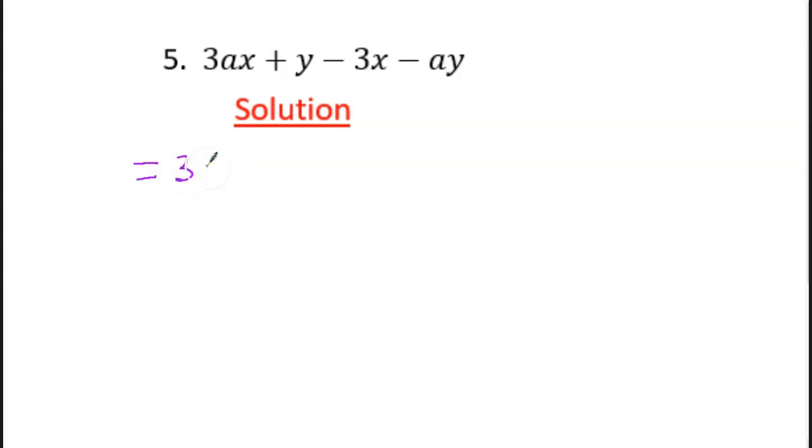So 3ax minus 3x, so that we have x in both, then plus y minus ay.